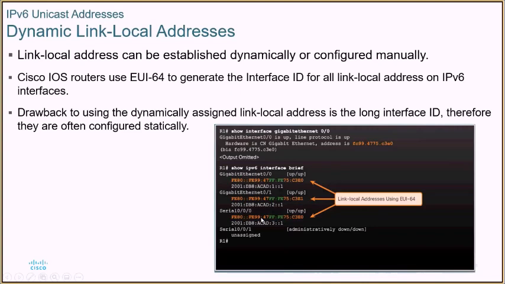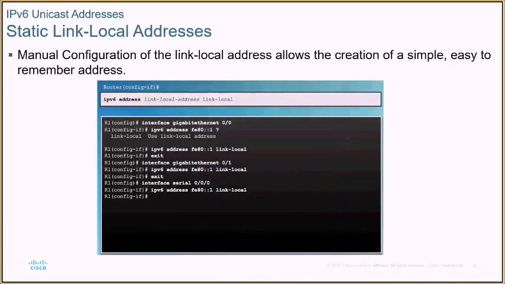And so you can actually statically assign the link local address. There's actually a command for that. You can do IPv6 address FE80::1. That's a lot easier to type in than that other one on the previous slide. And then you just put link-local afterwards, and that will actually reassign the link local to be something different.